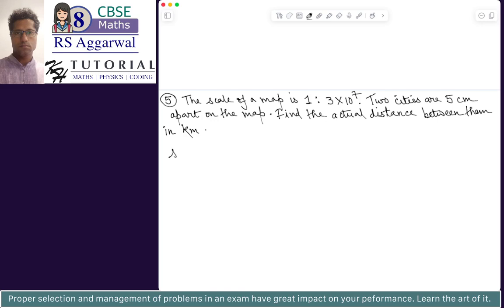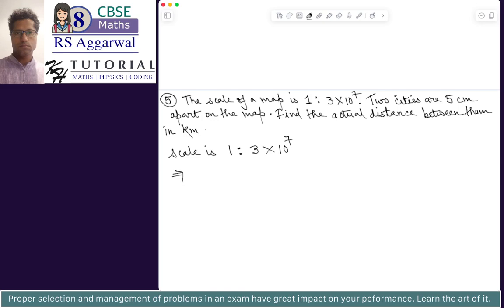Now, scale is 1 is to 3 multiplied by 10 to the power 7 basically implies that the units of measurement for the map is in centimeter, and of course in real life the distances of two cities are in kilometers.